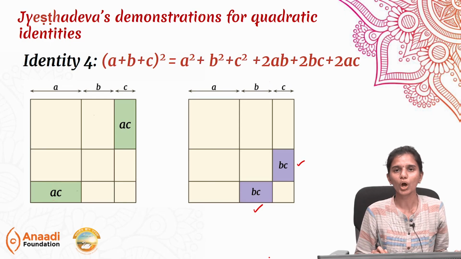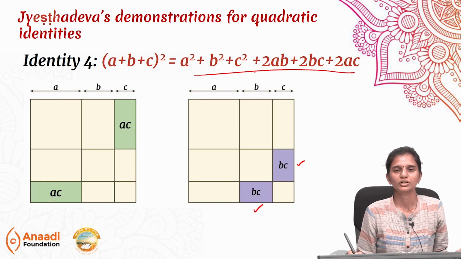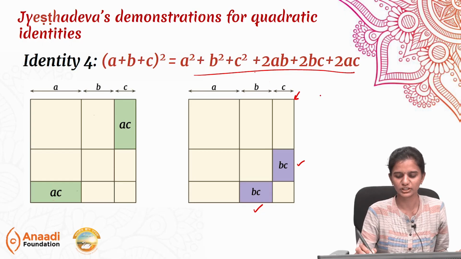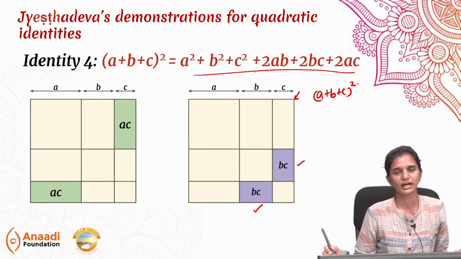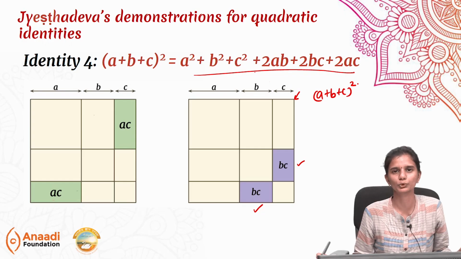When we sum up all the areas together, we get A square plus B square plus C square plus 2AB plus 2BC plus 2AC. Now, we know the area of this big square to be A plus B plus C the whole square. Hence, the geometric demonstration for this equation is proved.